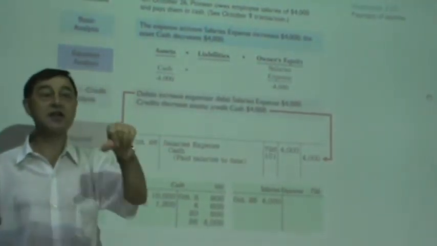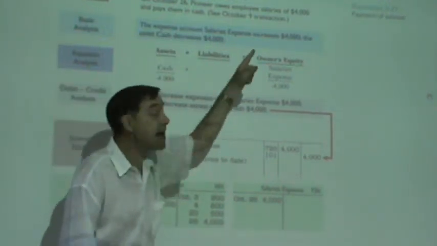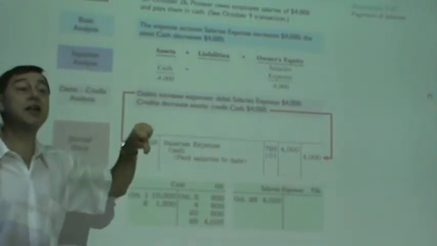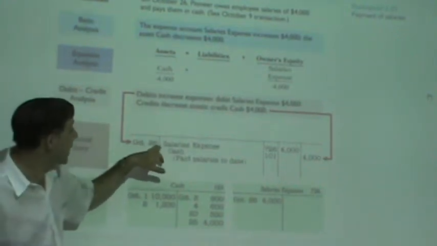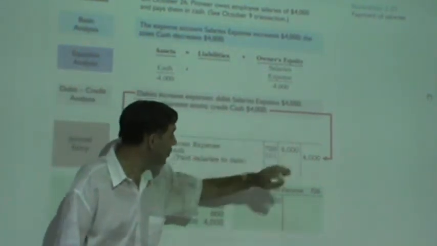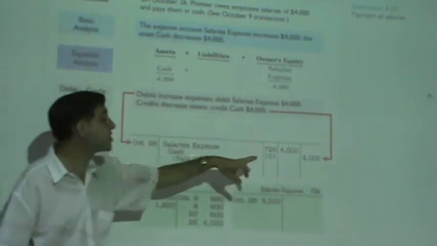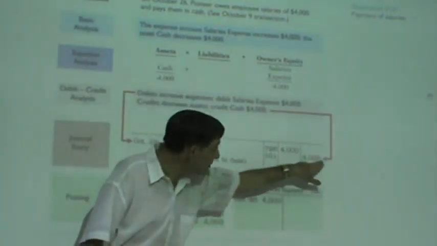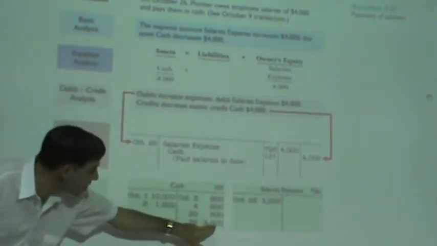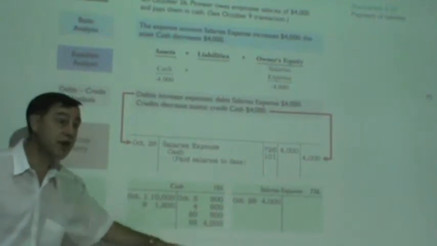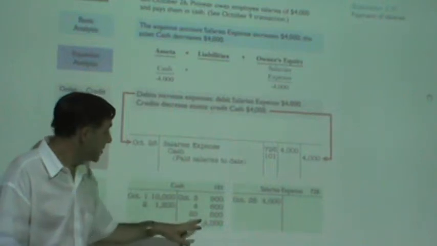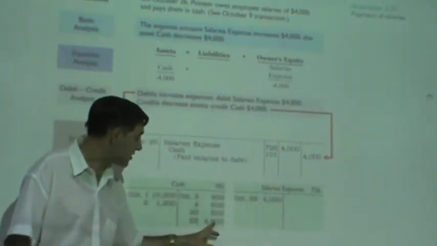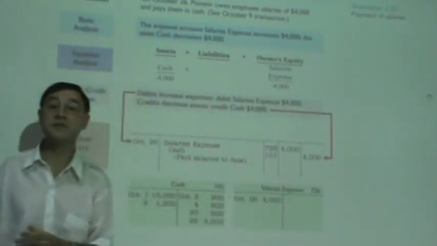So, credit cash, and salary becomes salary expense, debit. Take a look. Debit, salary expense, 4,000. Credit, cash, 4,000. This 4,000, we continue. We copy here. And salary expense, 4,000. This one matches this one. This is a credit, this is a debit.